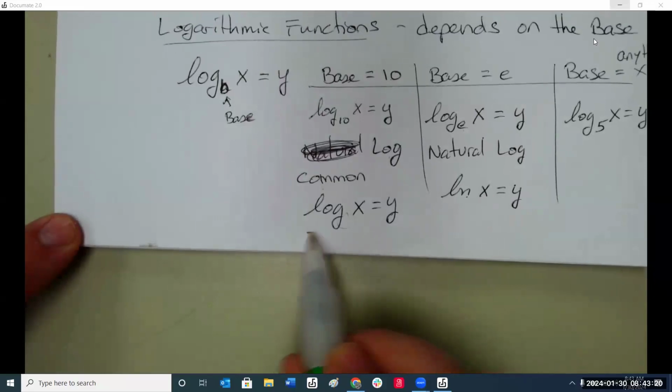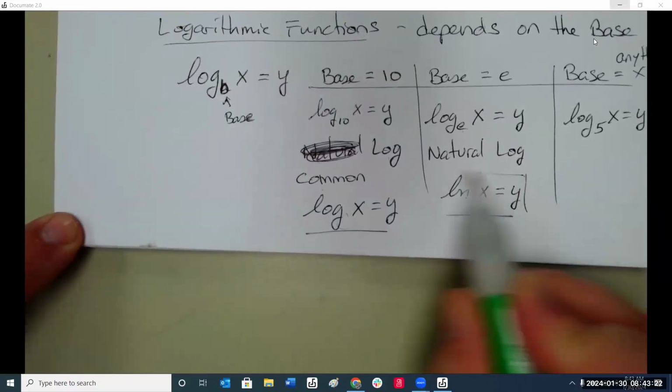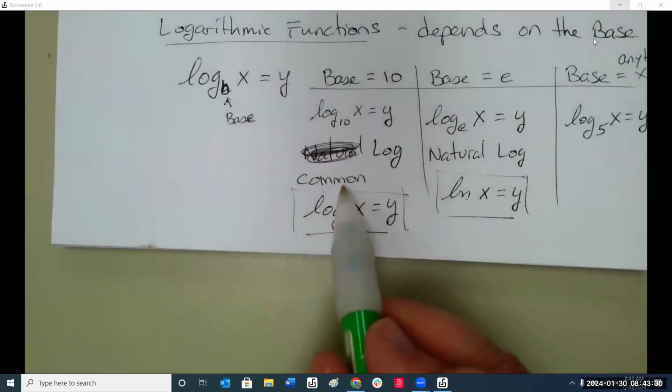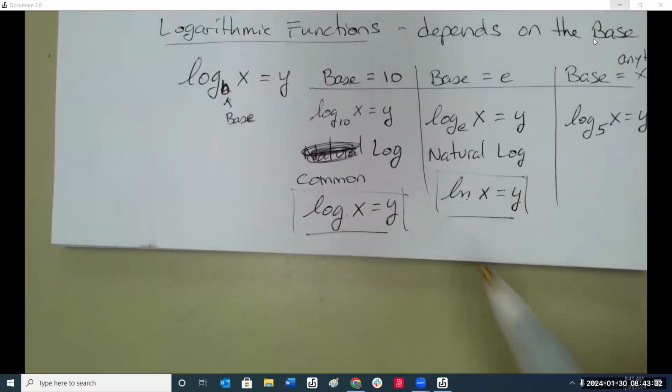Now, the reason these 2 are separated is that's what most of the universe works on. Either our common base 10 system, or it has to do with the natural occurrence of things.